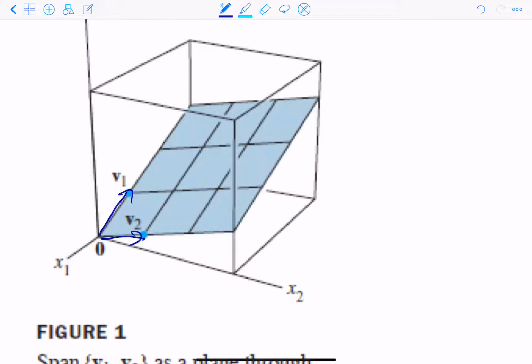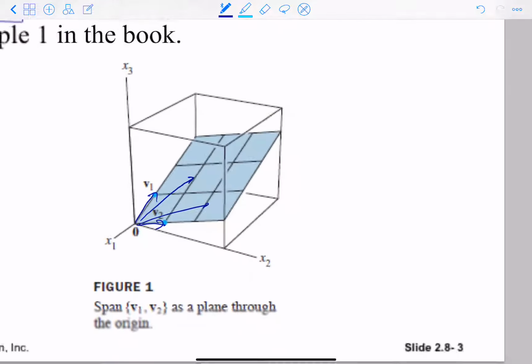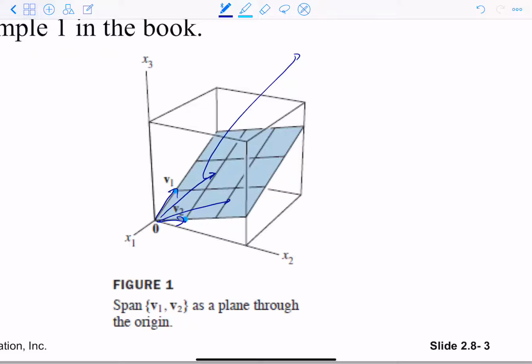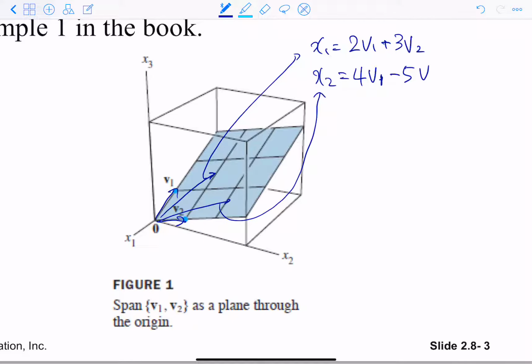Suppose we choose two vectors from here: the first vector is x1, maybe 2v1 plus 3v2, and x2, which is this one, is maybe 4v1 minus 5v2.